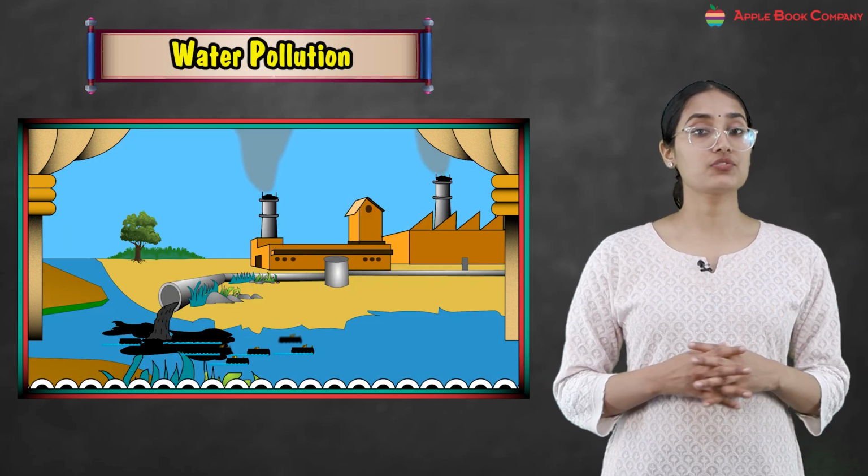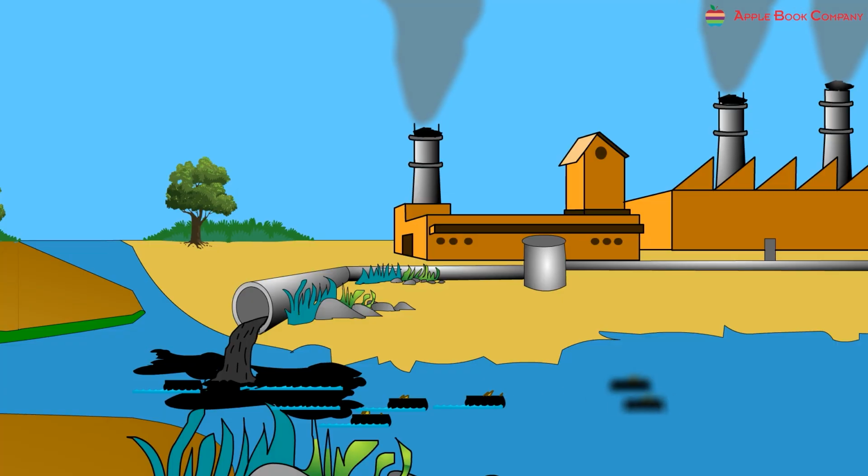The next kind of pollution is water pollution, right? Water pollution happens when harmful substances like trash, chemicals and waste enter rivers, lakes, oceans and other bodies of water, making the water dirty and unsafe.